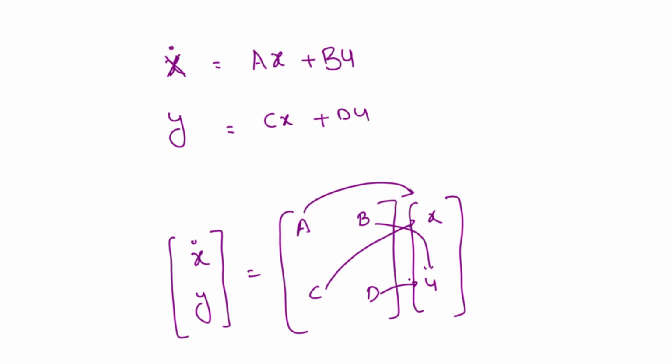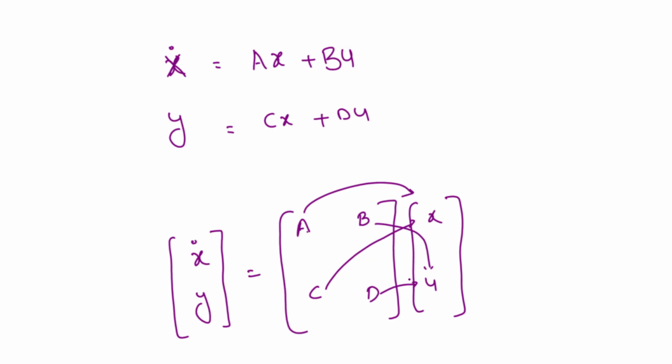It is simple. Why we want to take matrix form is, as we have already studied, matrix is one of the easiest ways to see how the system response is going to change. And most of the software available nowadays can also be used with these matrices.